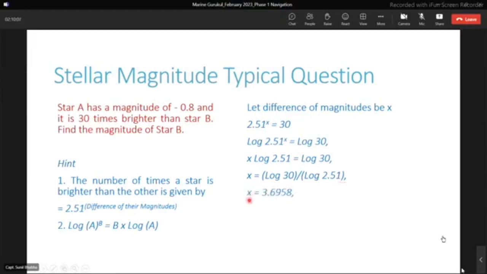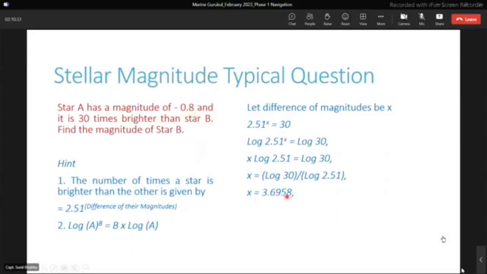So when we solve this for x, it gives us the value as 3.6958. So this x, which was assumed to be the difference of magnitude between star A and B, has been found to be 3.6958. Now it is given that the magnitude of star A is minus 0.8.